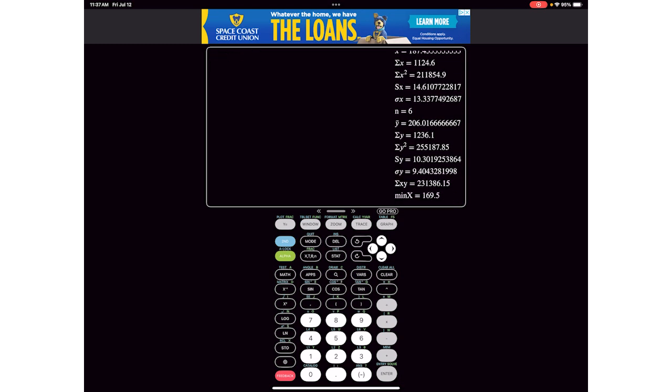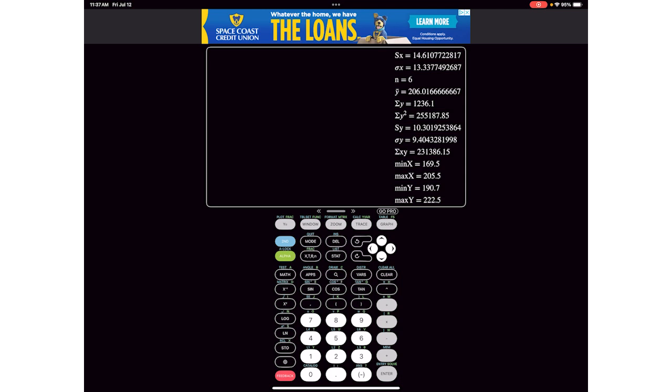And then if you scroll down, you can see the sample size, which was 6. And then you've got your y's. So that's going to be for the generic. And the sample mean for that was 206. The standard deviation we're going to use is the SY, which is 10.3. And then again, n equals 6.